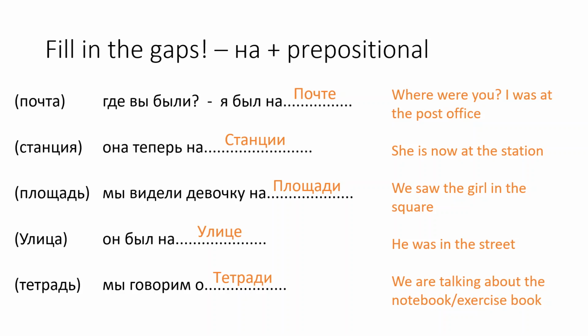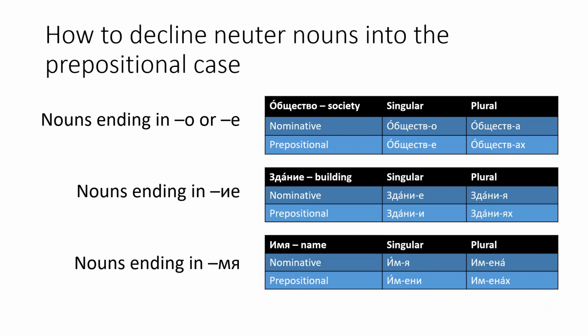Let's move on. Finally, we're going to look at how to decline neuter nouns into the prepositional. So the first table is for most neuter nouns, they end in o or ye. And I've put the example of общество. And these regular neuter nouns will just take the normal ye ending.